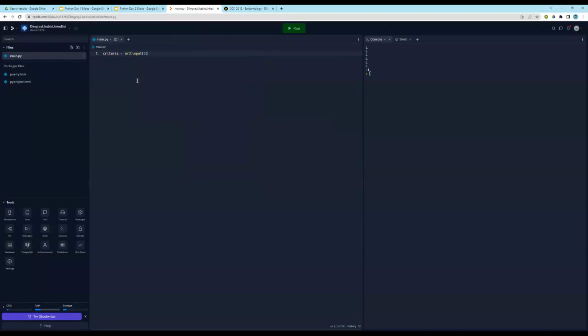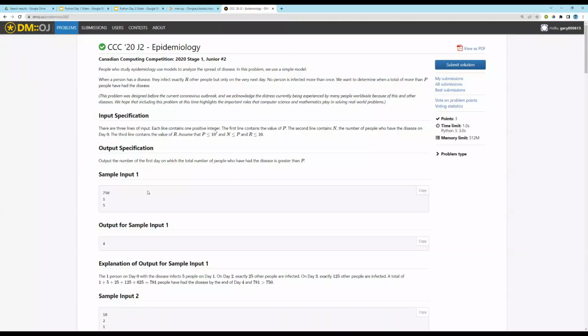How do you start with 750? I mean, 750 is the number that we're supposed to check against. We want to determine when the total of more than P people have had the disease. So this is like a baseline, a bar line of when we have more than this many people infected with the disease. If you think about it as a graph, 750 is our target, and it's asking when we will hit our target.